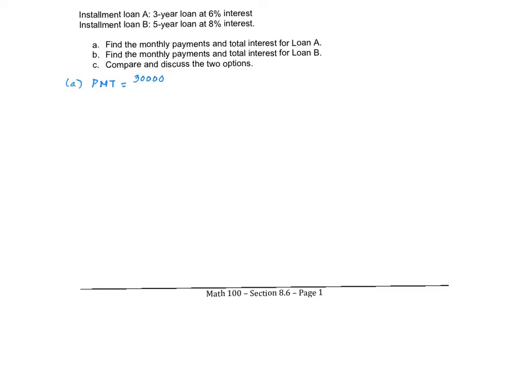30,000 is the P. R, the interest rate was 6%, so that would be 0.06 divided by N. Since it's monthly payments, N is 12.